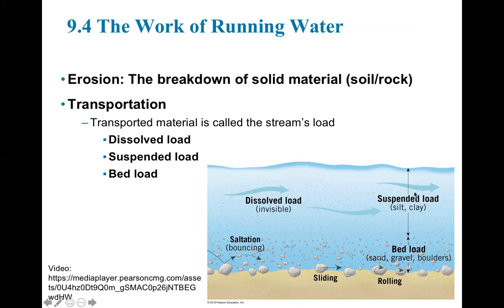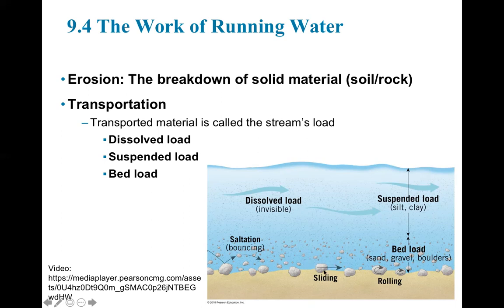We also have suspended load. This will be evident when we go to Nisqually River. You'll see that it has a color to it. It looks kind of milky, right? And that milkiness is due to the suspended load in that water system. And then we have bed load, and bed load can be anything from almost microscopic small bits of rock to larger rocks, depending on the flow of the river.